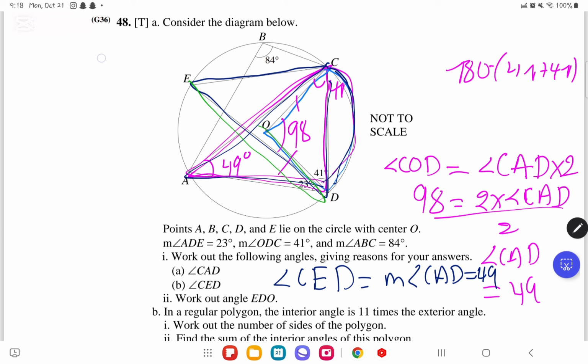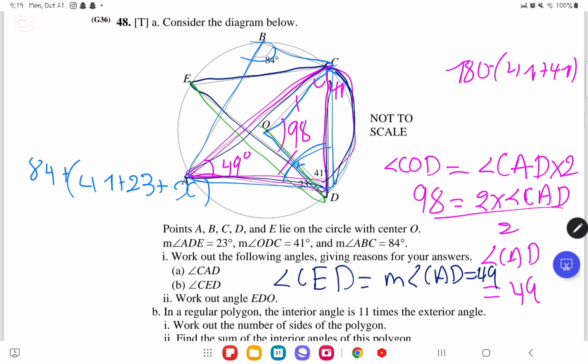Actually, it's very simple. We have a cyclic quadrilateral. So 84 plus this angle over here is 180. So 84 plus 41 plus 23 plus the angle that I will call X, which is EDO, is equal to 180.